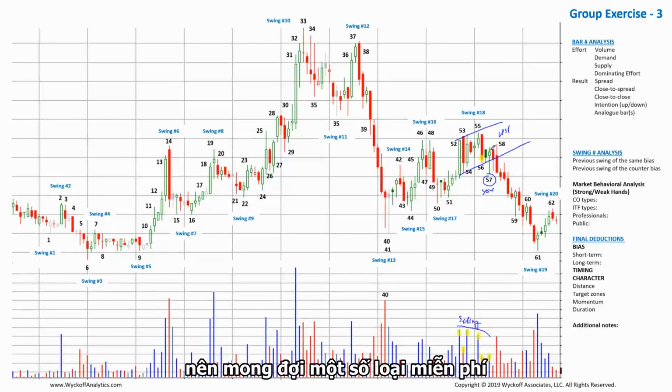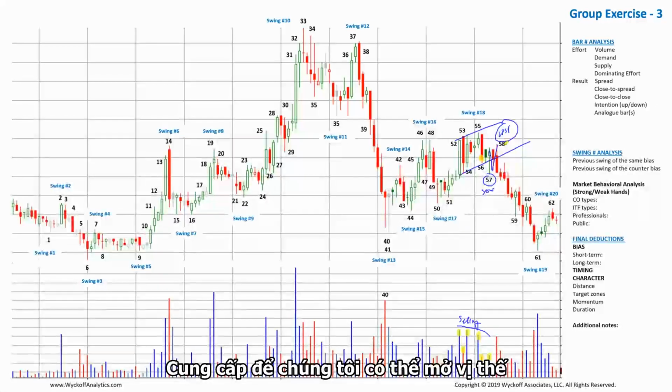So we should be expecting some kind of retest. So retest is coming like this. And this would be our last point of supply. So we could open the position there, somewhere here. And then as we break out to the downside, this level could also be considered for opening the position. So three places that we could do this.